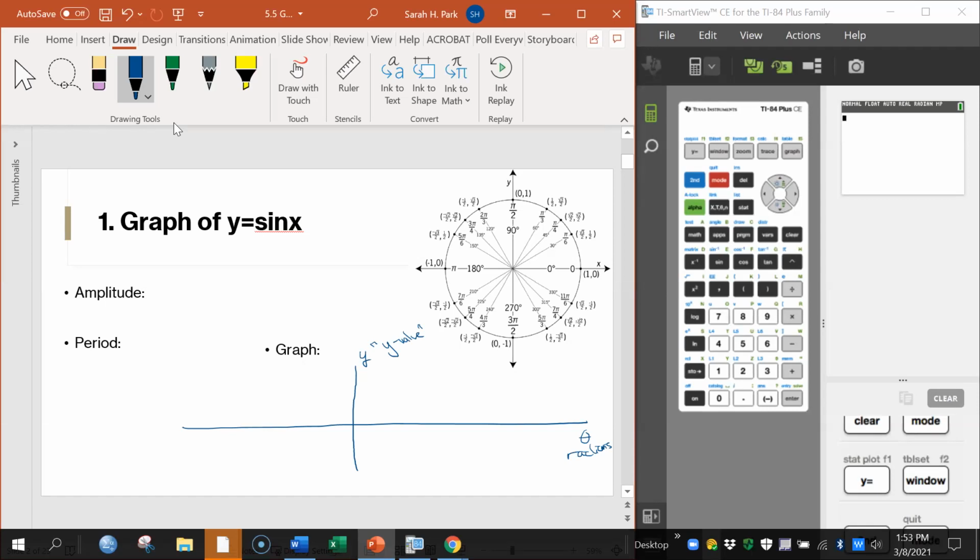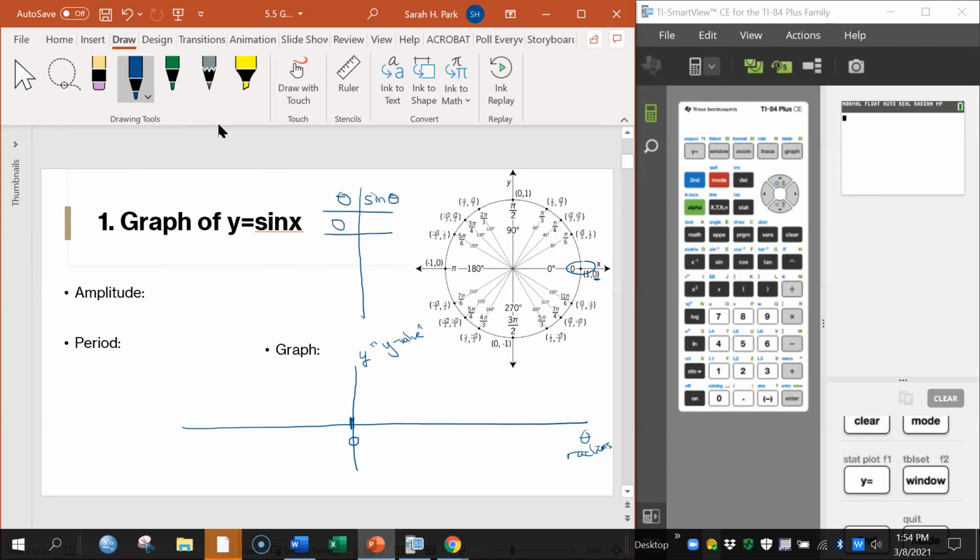So first, if we start on this point and we say 0 radians, what is the y value of that coordinate? Well, it's 0. So at 0 radians, the y coordinate, or sine of 0, actually, let's make a chart here. This is theta, this is sine of theta.